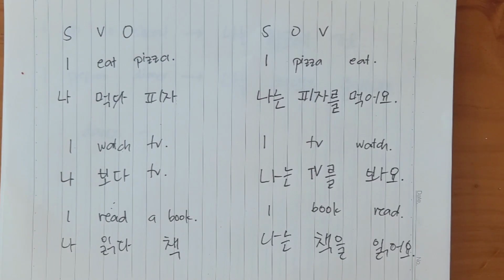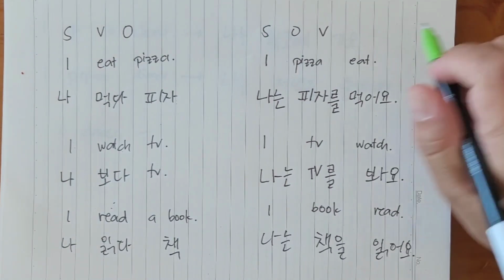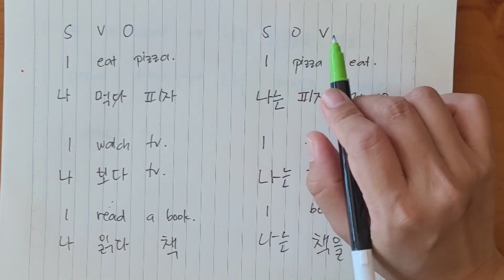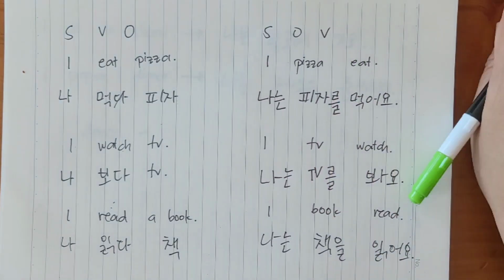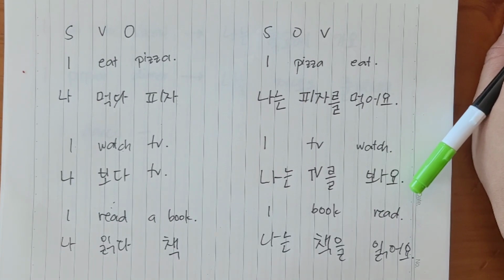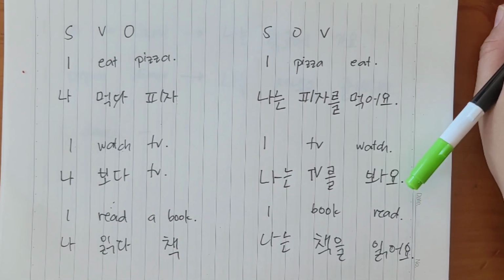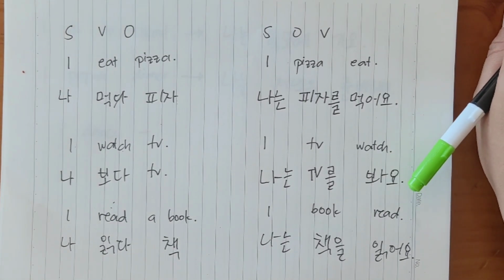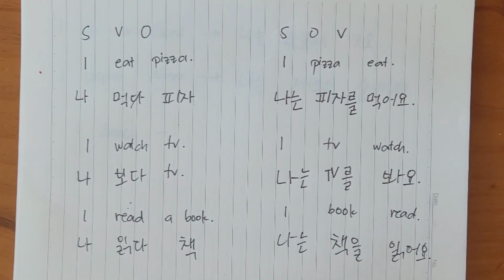Dapat nating tandaan na sa pag-construct ng Korean sentence, ang word order ay subject, object, and then verb. Pag meron lang tayong alam na mga verbs, makakagawa na tayo ng mga sentences. And then next naman is to memorize yung mga Korean ng mga nouns.